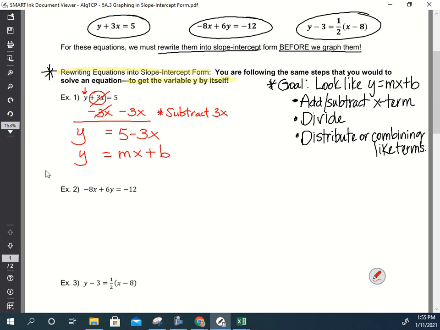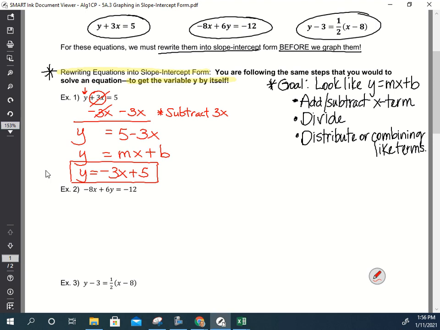The x has to come first. So we rewrite it as y equals negative 3x plus 5. So you rewrite it as negative 3x plus 5. So yes, you do have to rewrite it. You can't just leave it as 5 minus 3x.